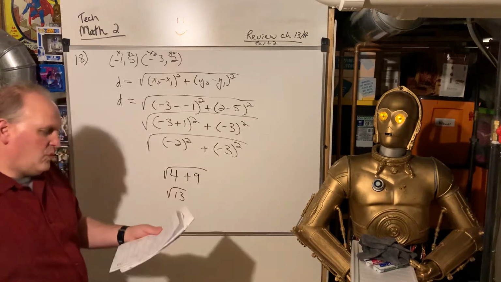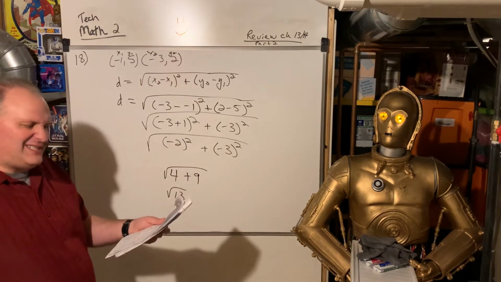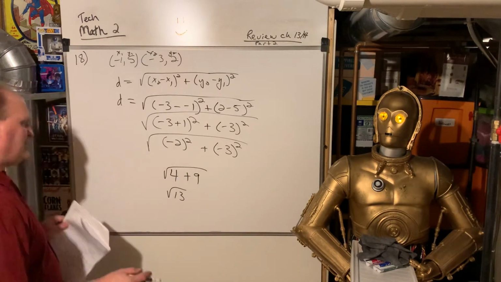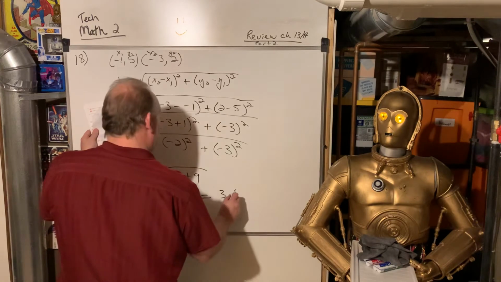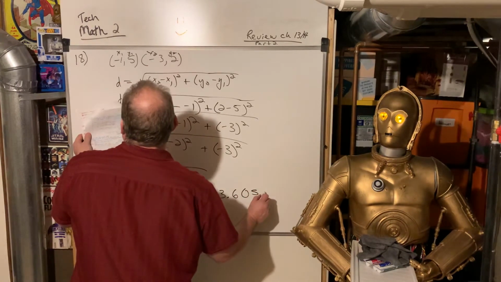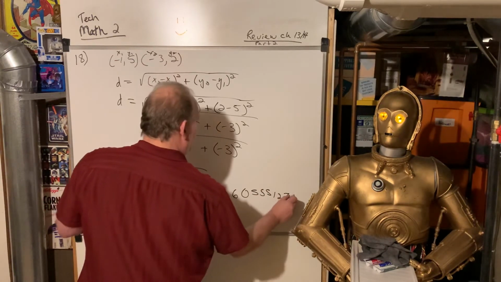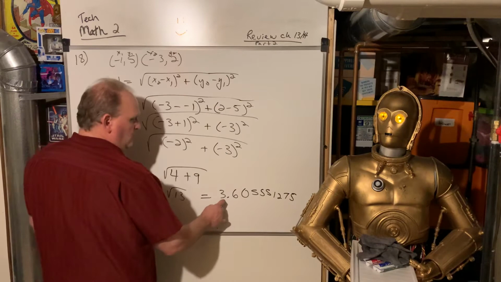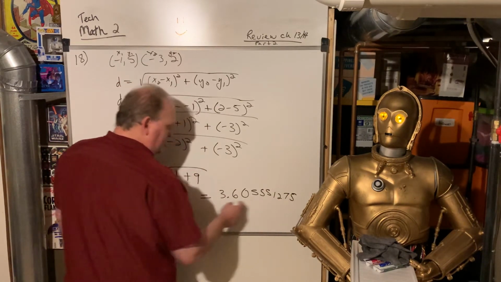And let's see, they want it to 3 significant digits. There's a blast from the past. Let's see here, we got 3.605551275. So right now, there are 1, 2, 3, 4, 5, 6, 7, 8, 9, 10 significant digits.